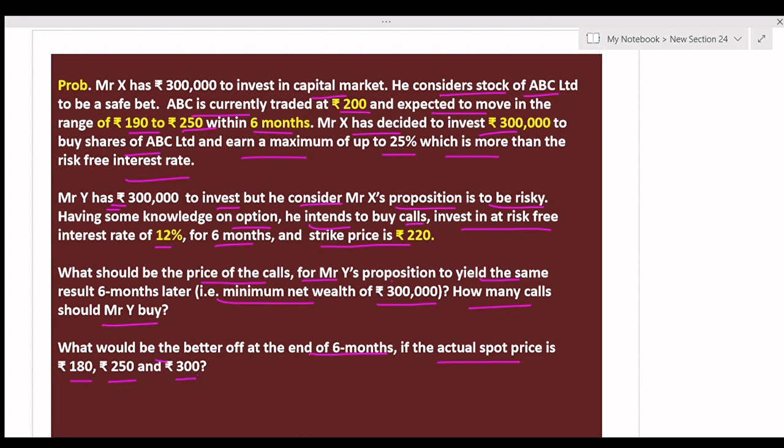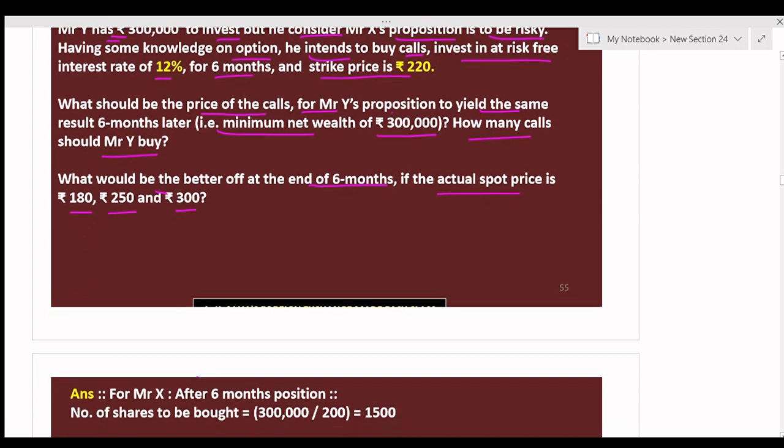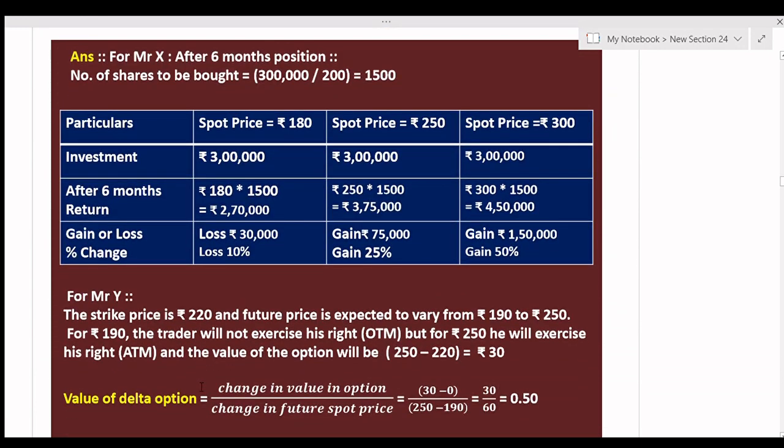There is straightway investment of rupees 300 and he calculates his return after 6 months. That is, number of shares bought at the present 3 lakh investment divided by CMP, current market price, is 200 is equal to 1,500.